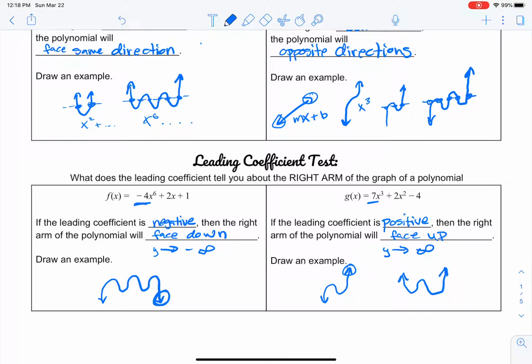So an odd function, just the right arm will face up. An even function, both will. Over here, an example of an odd function that is a negative leading coefficient would look like that. So you'd start high, but you'd end low over here going toward negative infinity. And that's what we're focusing on for this week.